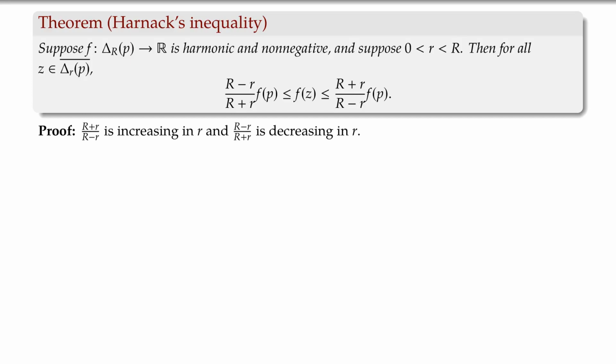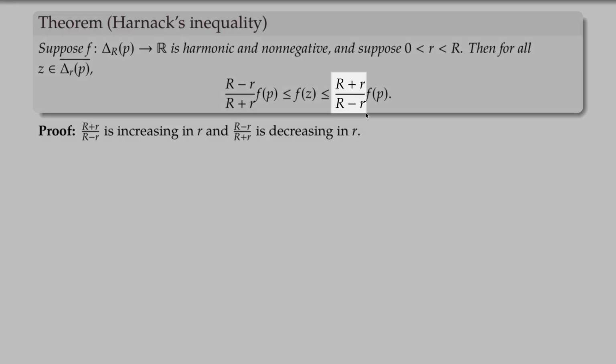So first, sometimes when this is given, it's given for a z that is distance r from p, and that's really because this guy increases in little r and this guy decreases in little r.